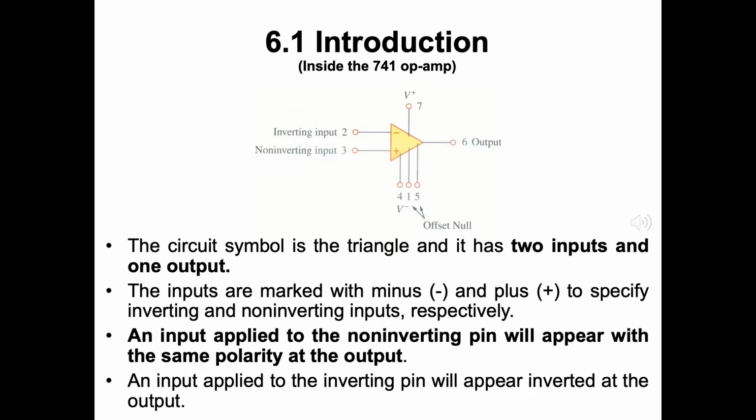Here minus is for the inverting input, and plus is the non-inverting input. An input applied to the non-inverting pin will appear with the same polarity at the output. An input applied to the inverting pin will appear inverted at the output.